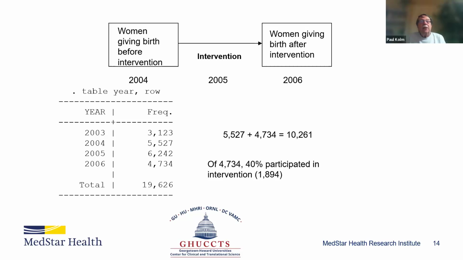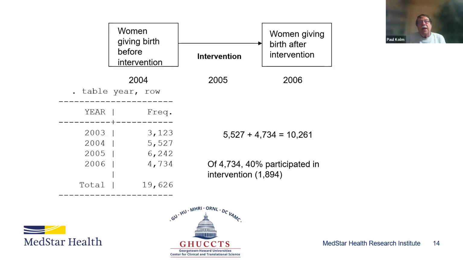I have a tabulation of the sample size for years 2003 to 2006. The number pre-intervention in 2004 is 5,500 and some, and after the intervention it is 4,700 and some.